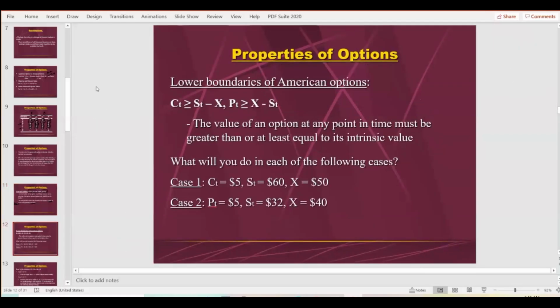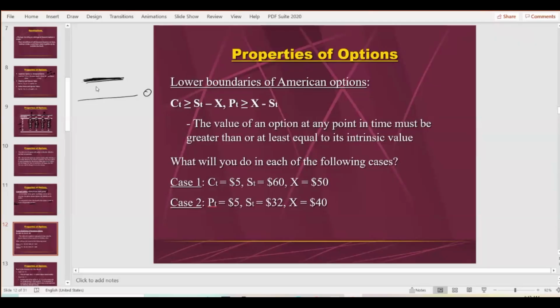Now, we've said that it should be greater than or equal to 0. Now we will try to determine a higher lower boundary. So we started with 0. We've said that call and put options should be greater than or equal to 0. Now we will determine a higher lower boundary for American options.